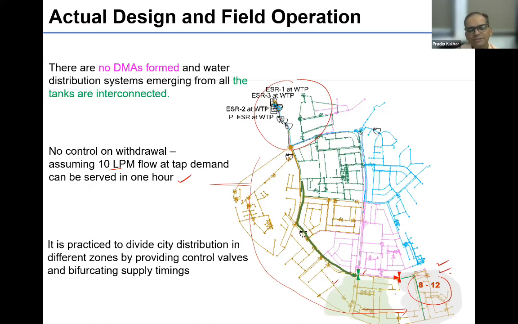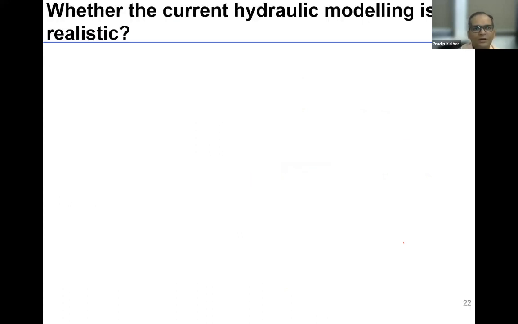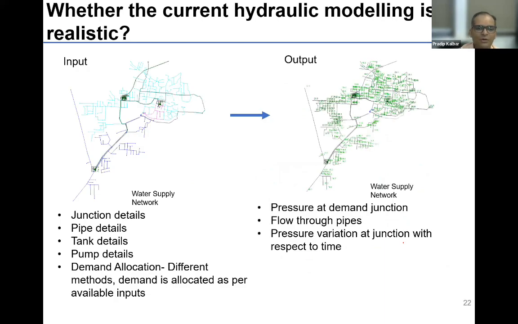That causes a tremendous amount of problems in the distribution. We need to understand that and then plan the entire design. So is the current hydraulic modeling realistic? In many DPRs I see people sit in the office, lay the lines on all the roads, show it in the hydraulic modeling, and everything is green.